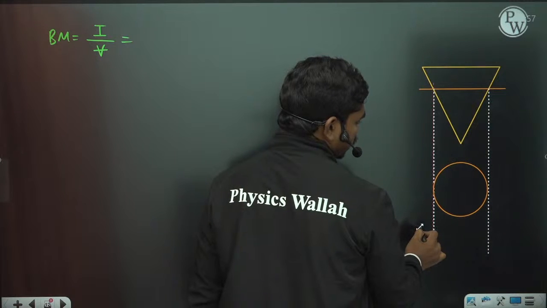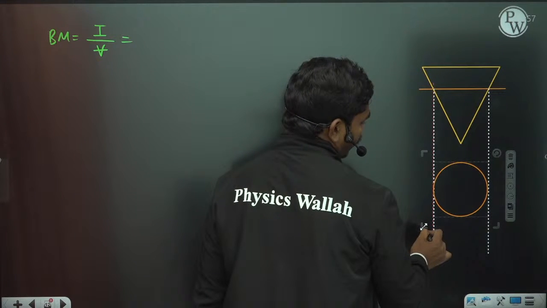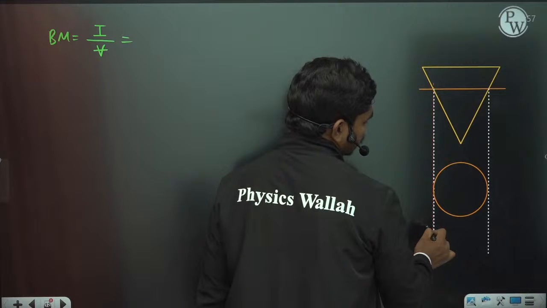If you take the cross section at the water line, then definitely this is a circle of diameter d.